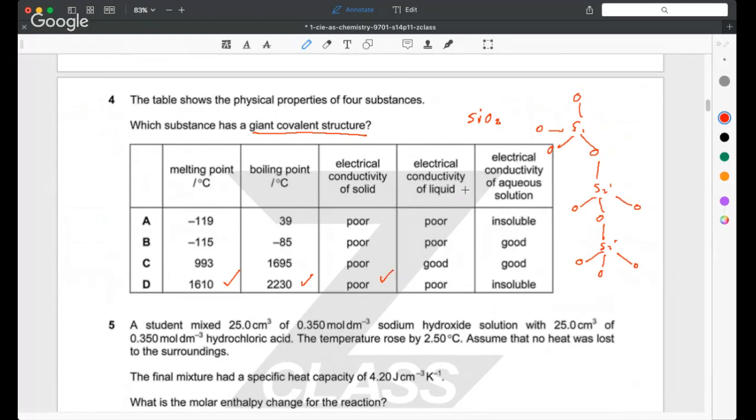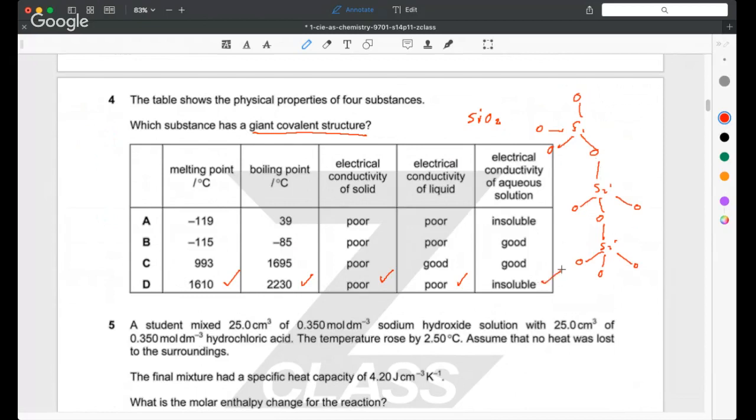To conduct electricity in the liquid, you have to have ions, and of course there's no ions in here. It's a giant covalent structure. And if you're having a solution that conducts electricity, then that's got to have the ions dissolved in it as well. And so there's no ions here to be dissolved.